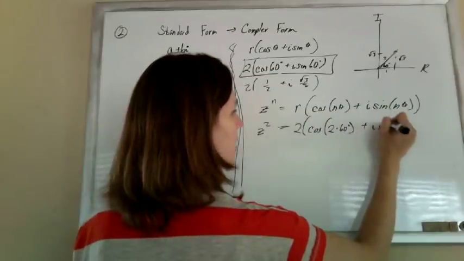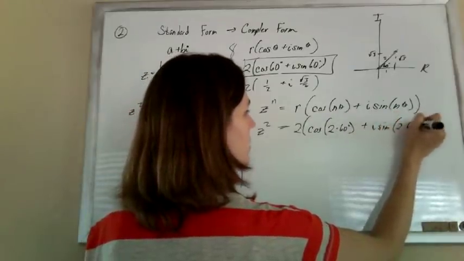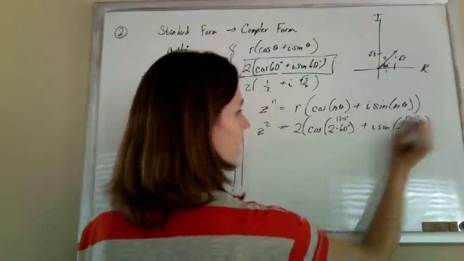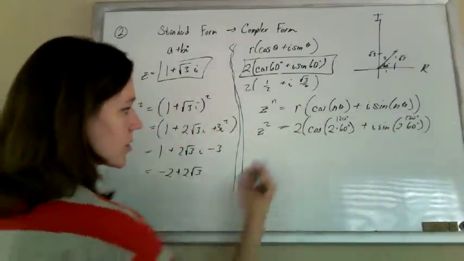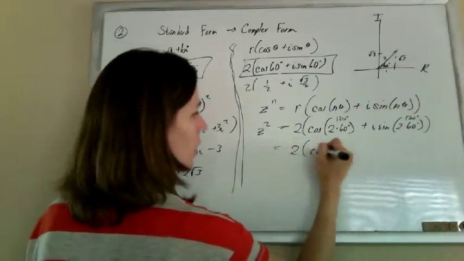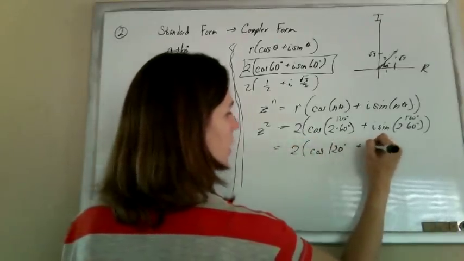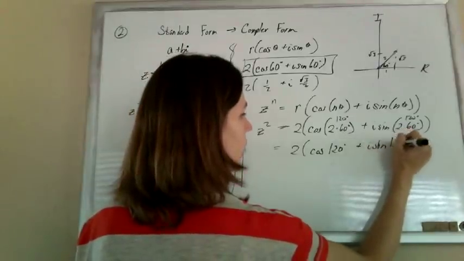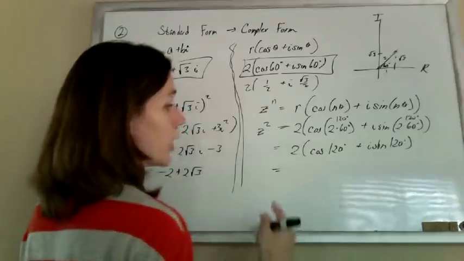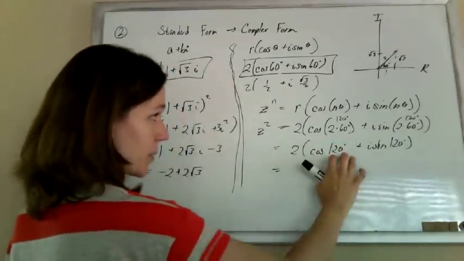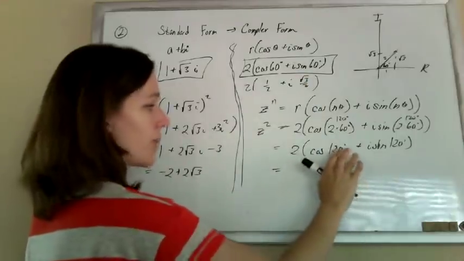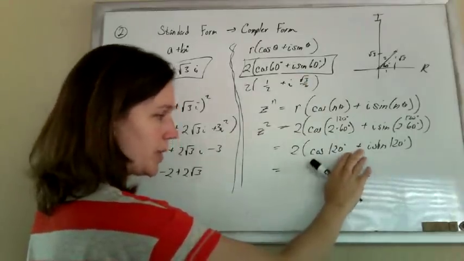So 2 times 60 degrees is of course 120. And so you could say that this is 2 cosine 120 plus i sine 120. That's not hard to do. And that's a beautiful complex form. And if they wanted their answer in complex form, you'd be done.